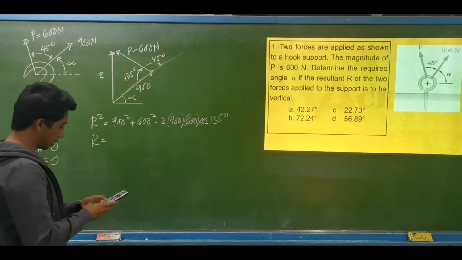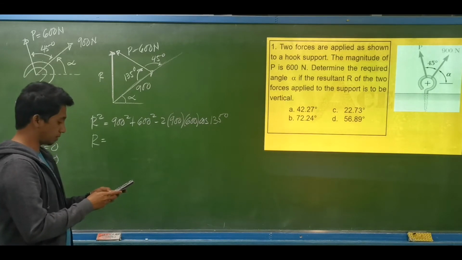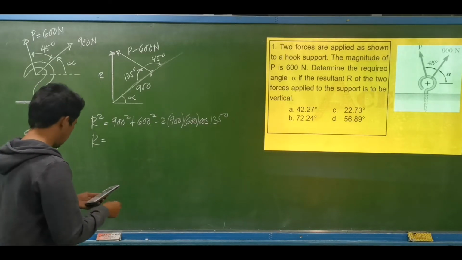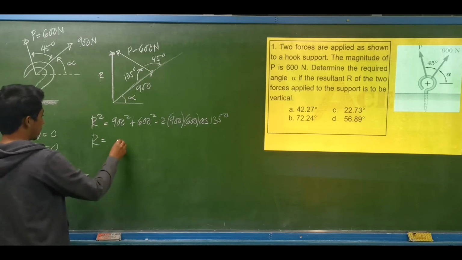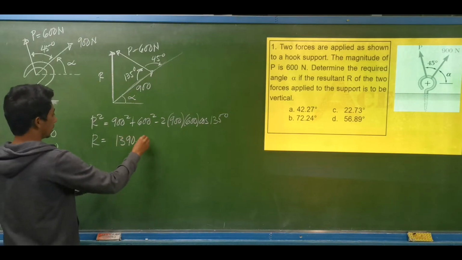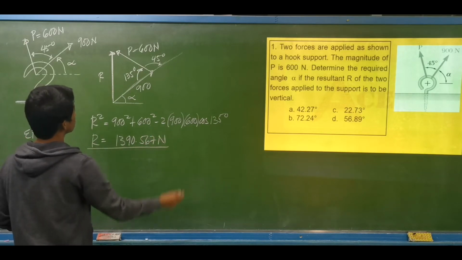We have 900 squared plus 600 squared minus twice of 900 by 600 cosine of 135 degrees. Then square root. So we have that as 1390.567 newtons. That is the resultant.